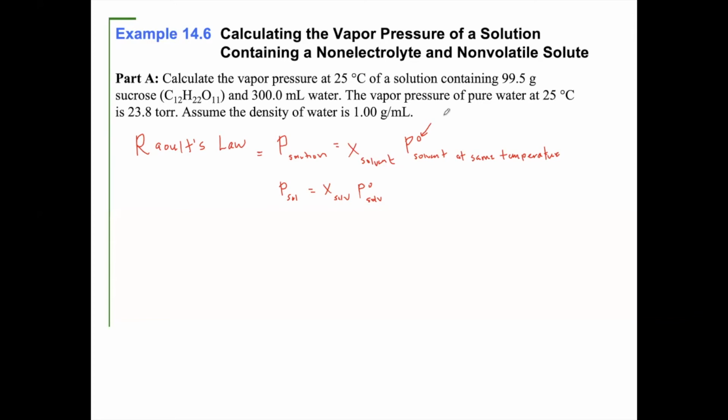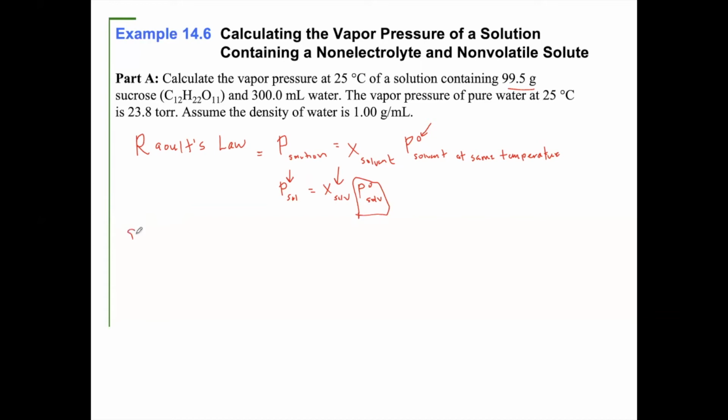So if we're calculating the vapor pressure of a solution where you have 99.5 grams of sucrose, and we were given the water, and we're given the vapor pressure of water, we know that. We don't know this, and we also don't know this. But the information that we've been given can help us figure out what the mole fraction of the solvent is.